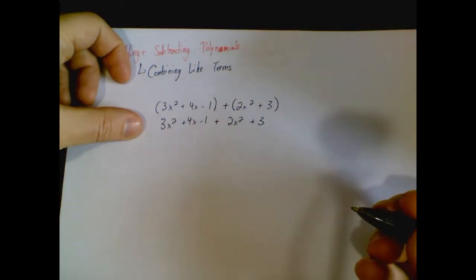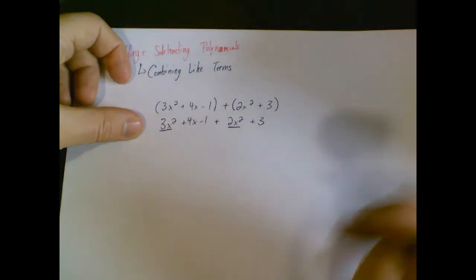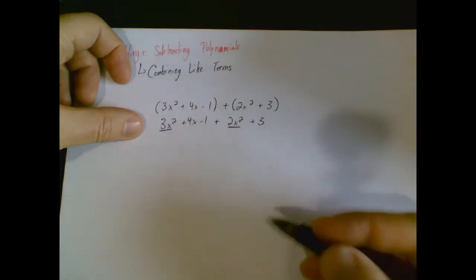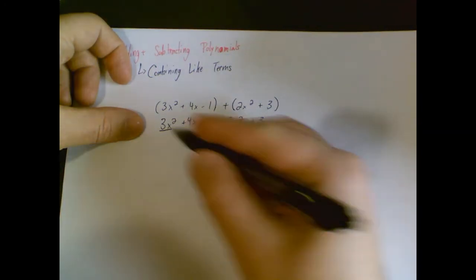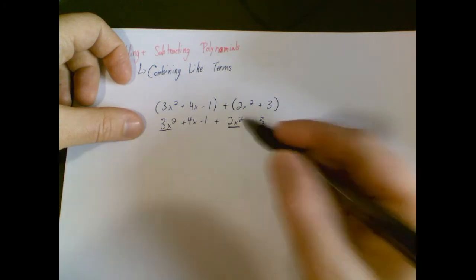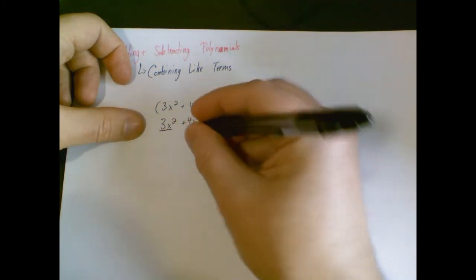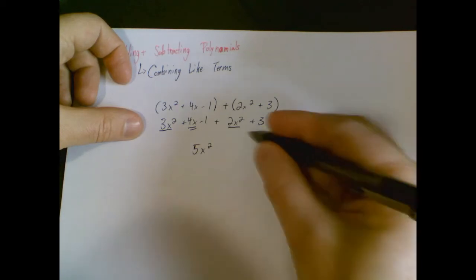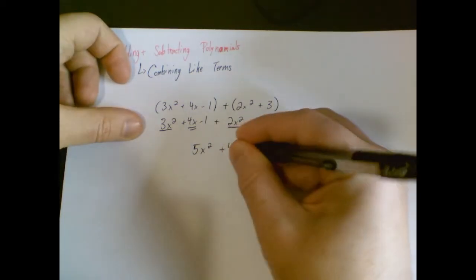Then I'm looking to combine my like terms, so I got these two here. I like to use different symbols, whether it's different amounts of underlines or using boxes and circles or whatever, just visually to help myself, so I remember which ones I've used. So I have 3x squared plus 2x squared, which is 5x squared. Then I have 4x, and I have no other x's there to go along with it, so it's still just plus 4x.